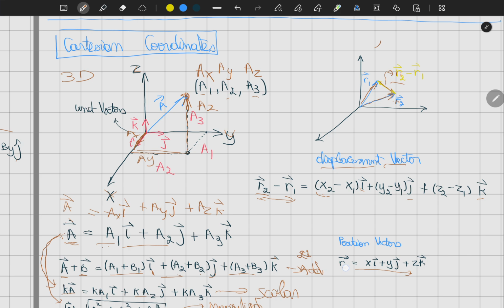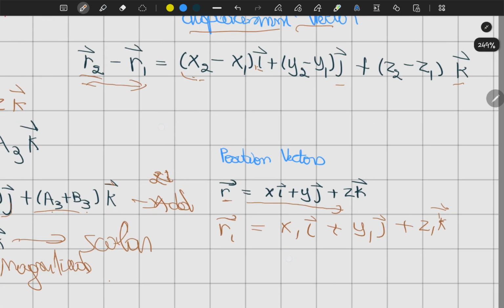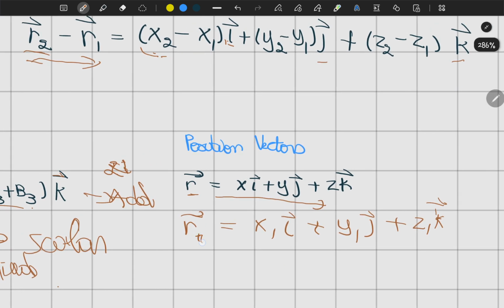This is r. And when it comes to r1, for example, the way you represent it is x1 i plus y1 j. This is how you represent r1.